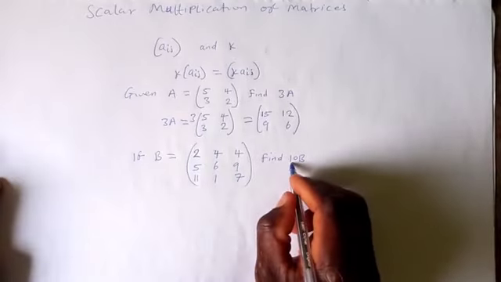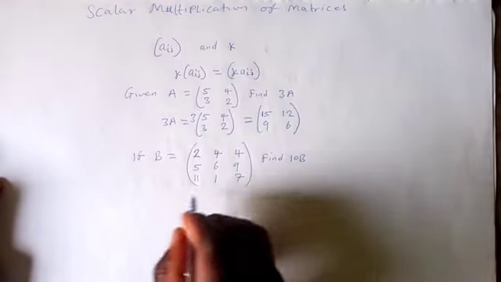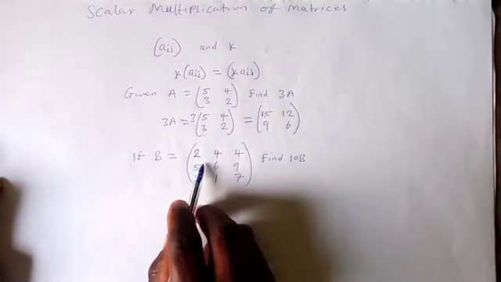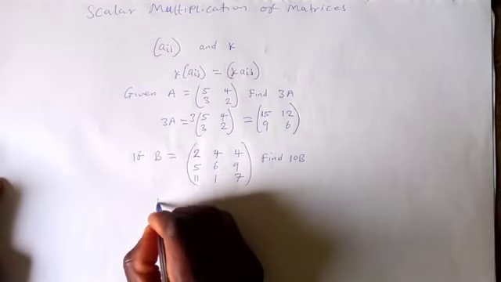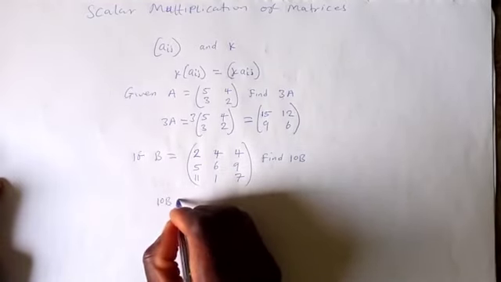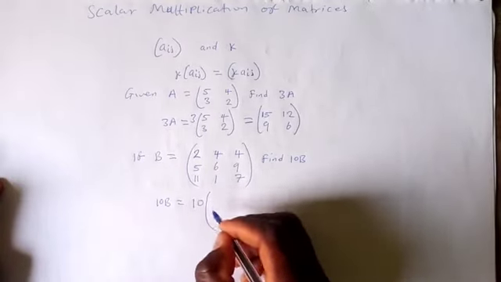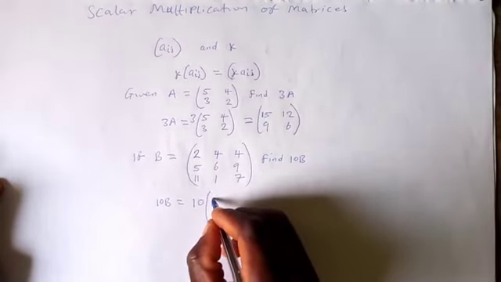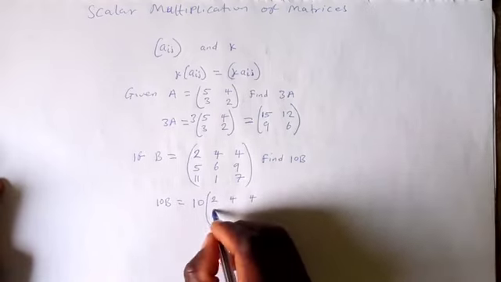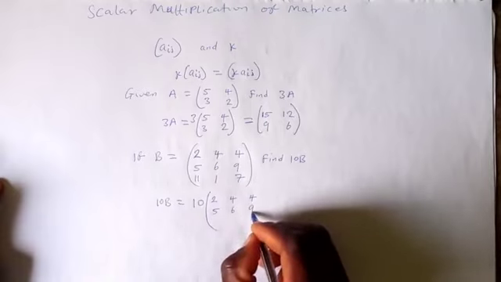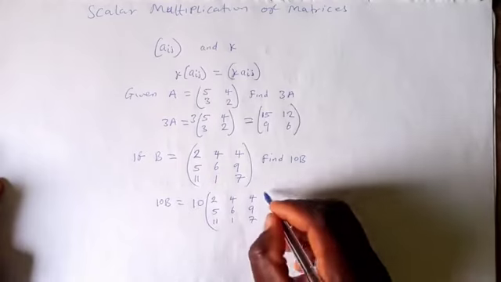So our 10 is the scalar. Here, our 10 is the scalar. So we use 10 to multiply the elements of the matrix. So our matrix 10B will be equal to 10, open bracket, the matrix 2, 4, 5, 6, 9, 11, 1, and 7.